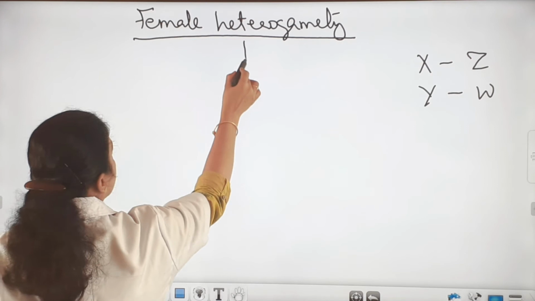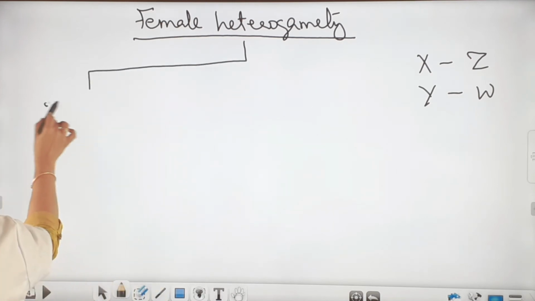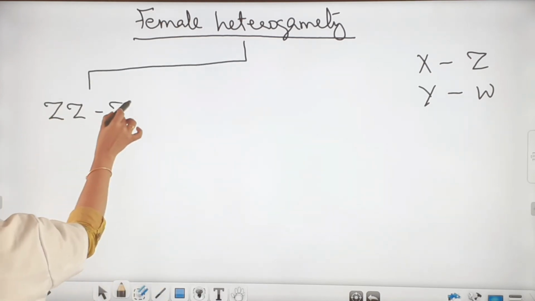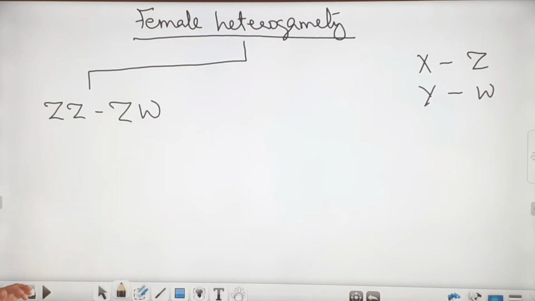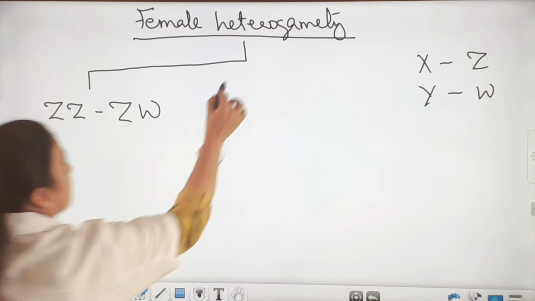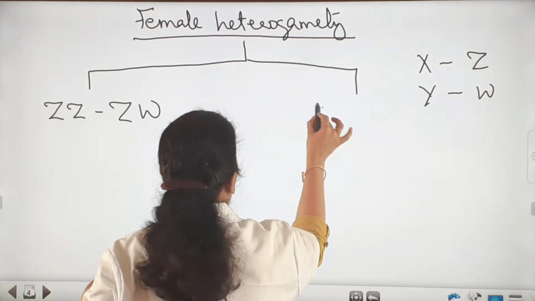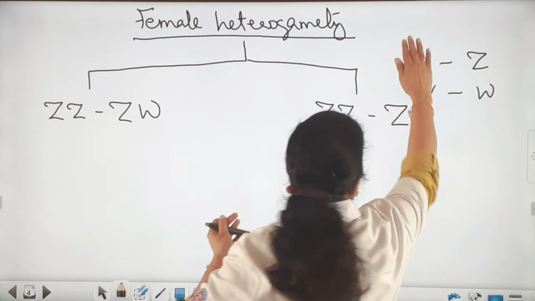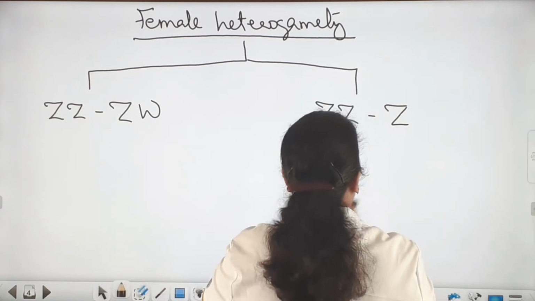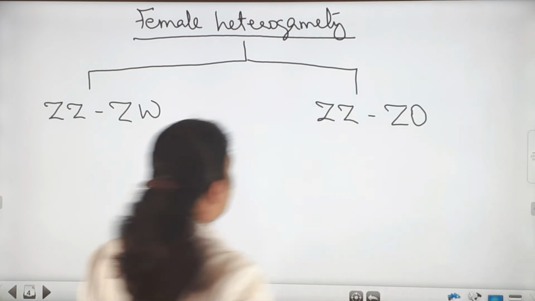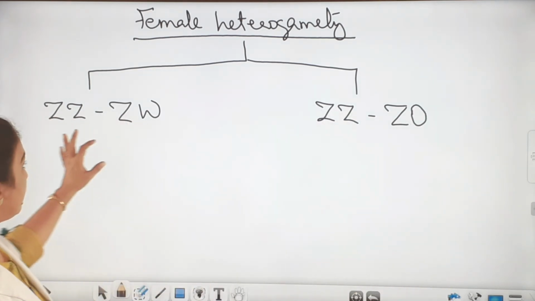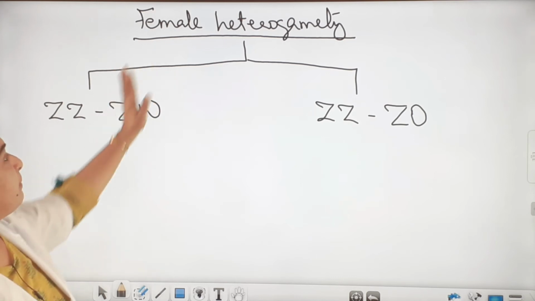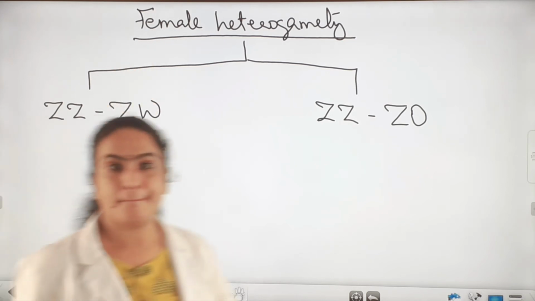So we can see the two types of female heterogamety. ZW type, that means it is equal to XX, XY. Okay. Here another type is Z0 type. Here normally the female needs to be having heterogamety.